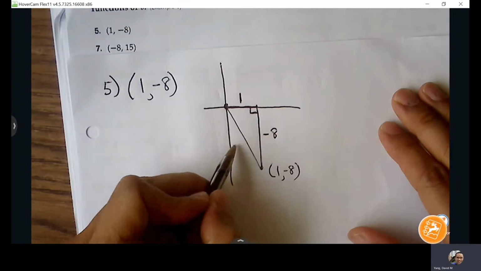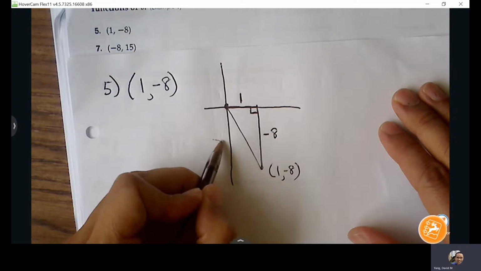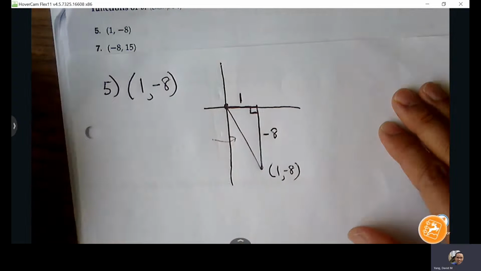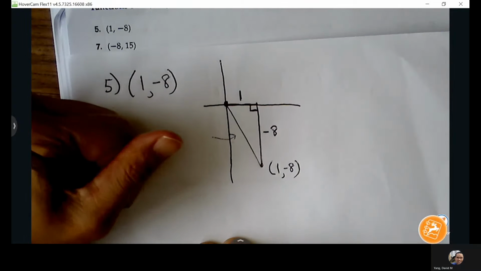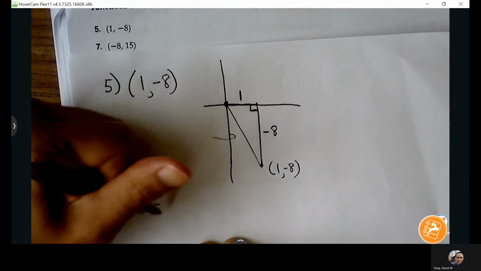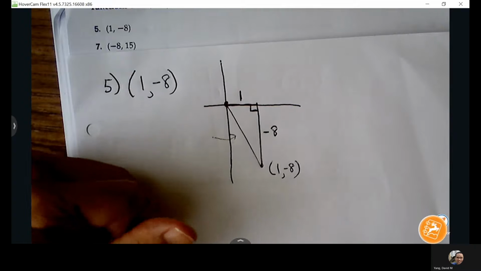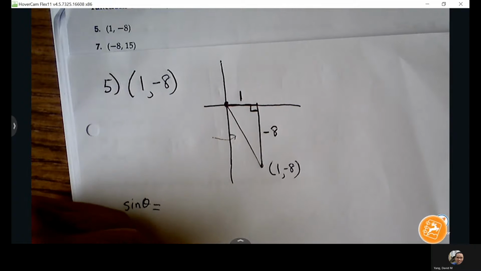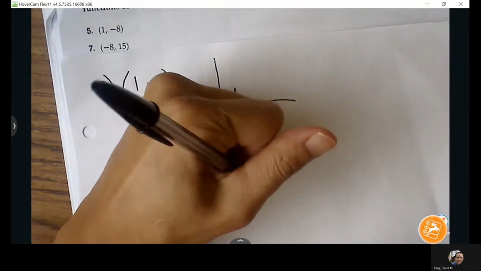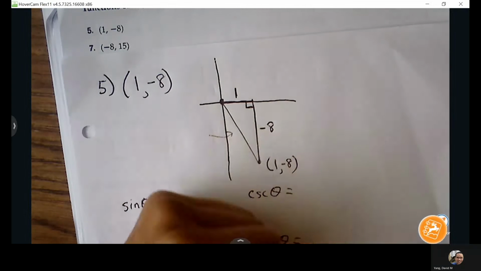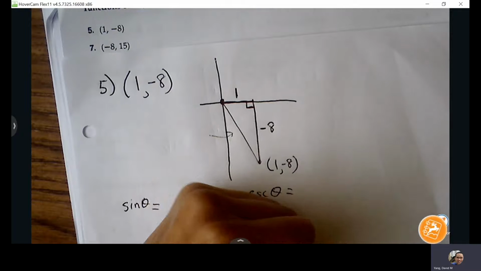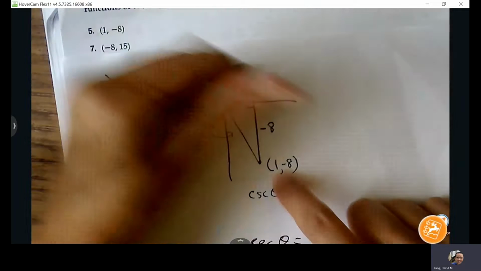You have to find the hypotenuse. Pythagorean theorem. Go ahead and do that. Square root of 65? Yep.